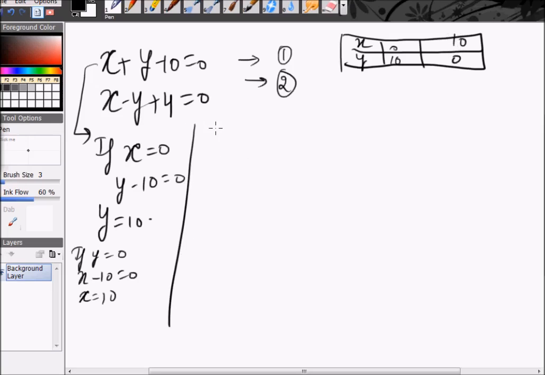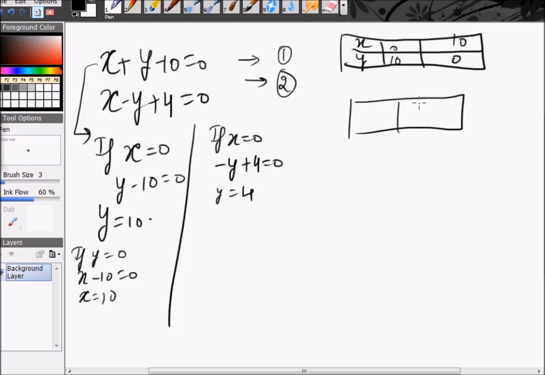For the second equation, if x equal to 0, we have minus y plus 4 equal to 0, which means y equal to 4. Or if y equal to 0, we have x plus 4 equal to 0 or x equal to minus 4.